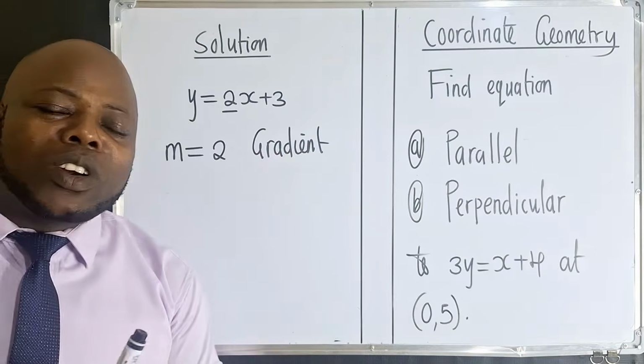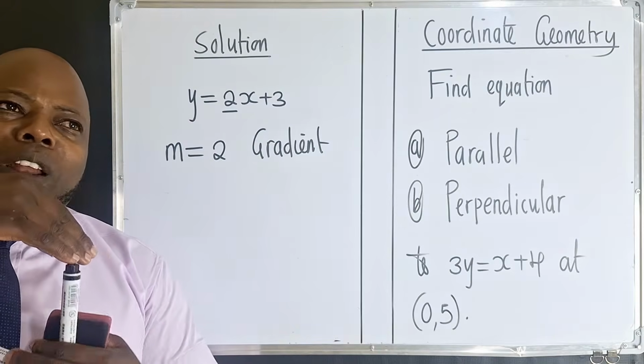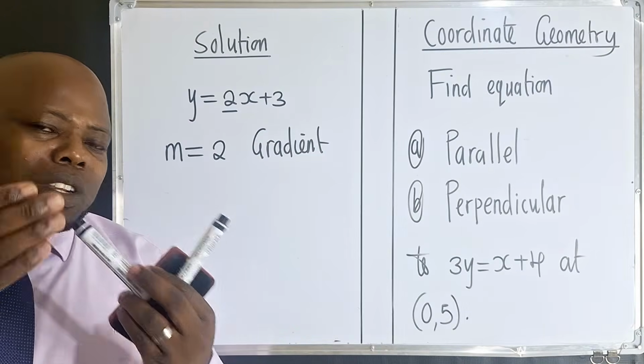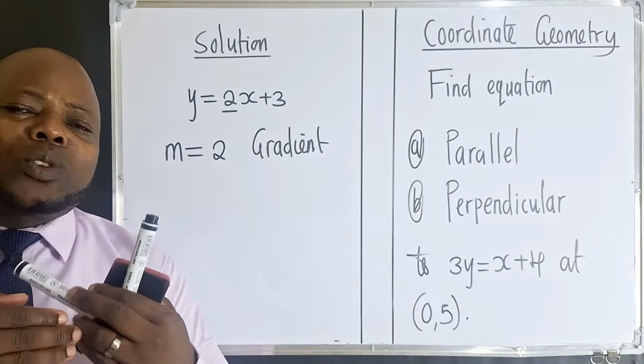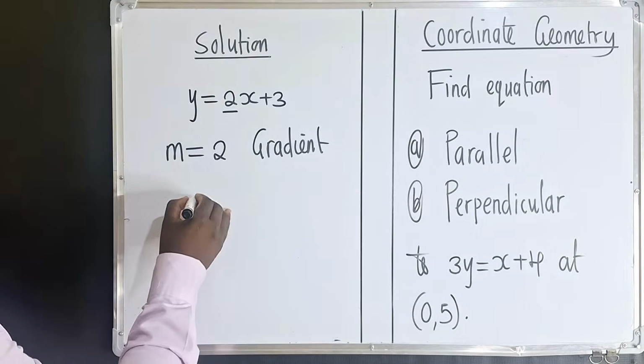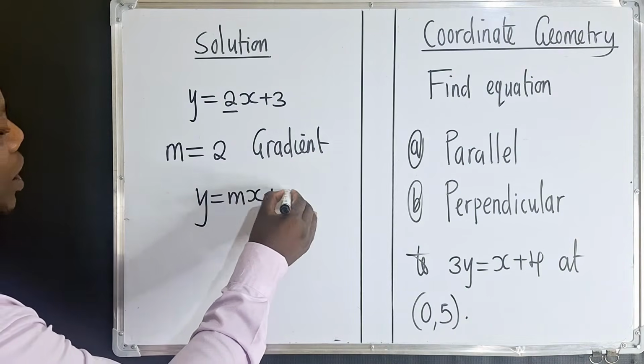So this is gradient. And when we talk about gradient, it's a slope. So whenever you want to find an equation, we use the formula of finding the equation of a straight line. And this is how it looks: y equals mx plus c.